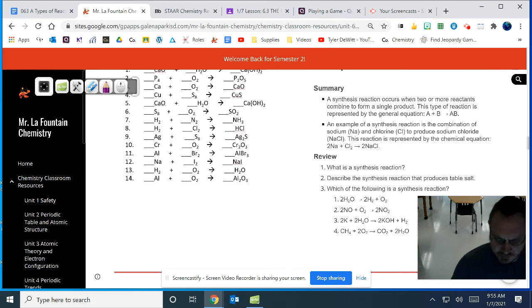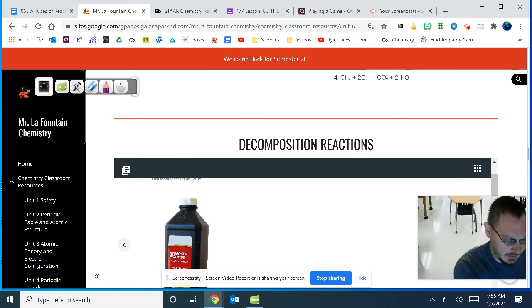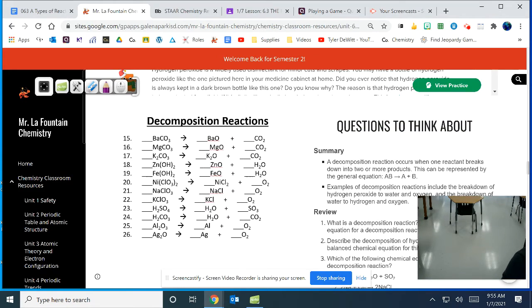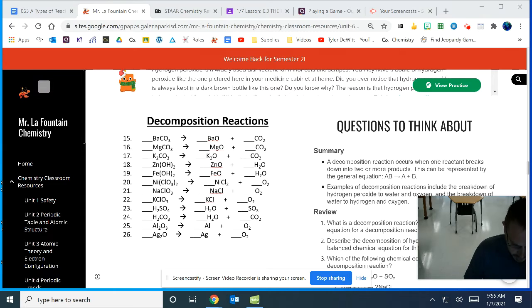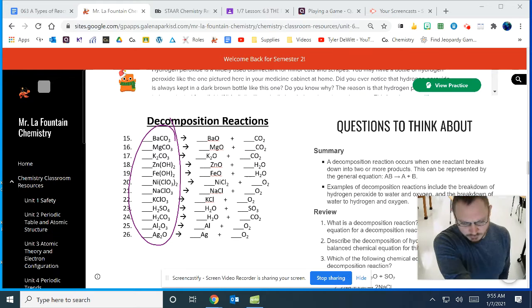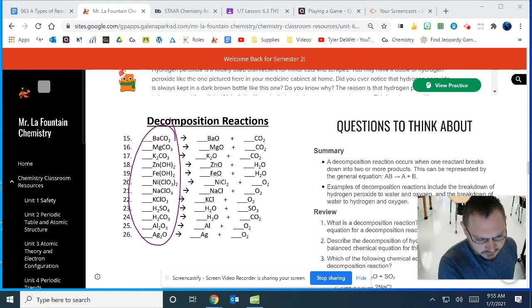All right. So let's take a look at the next type of equation here. We're going to learn about decomposition reactions. So decomposition reactions are going to follow, here's some examples here. They're going to follow this pattern here, where we take one thing and this one thing here is going to break apart, right? We have the arrow here, so this is before the reaction takes place.